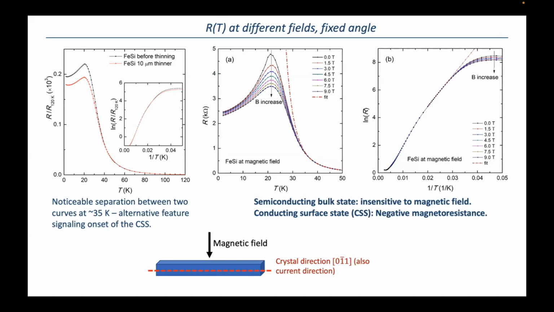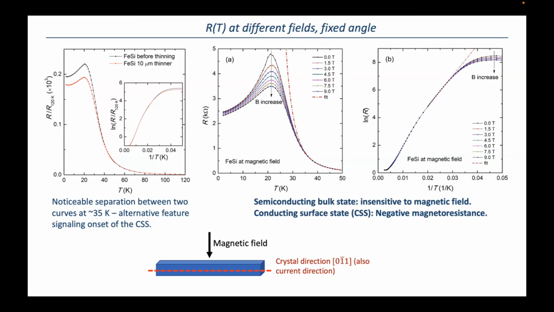of 35 Kelvin. The center figure shows the strong negative magnetoresistance in fields up to 9 Tesla in this field range. And again, this red dashed line is just the fit to the bulk resistivity.